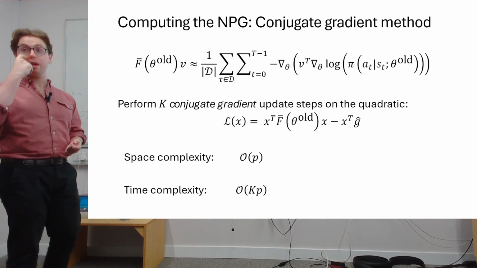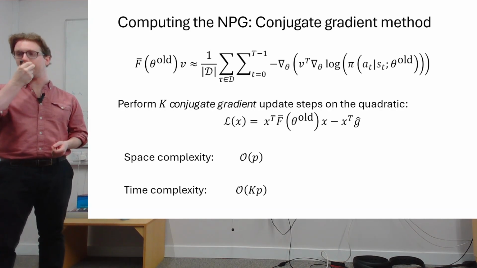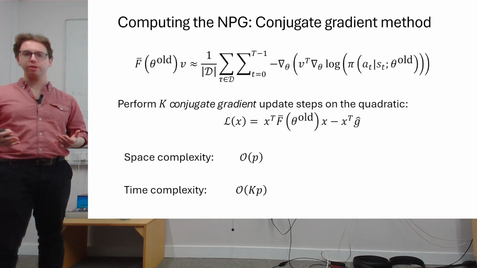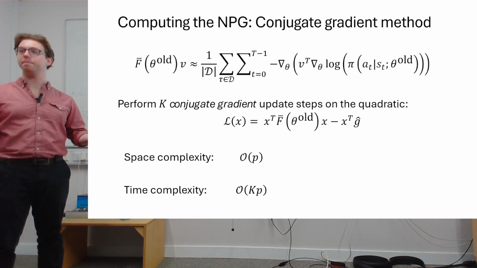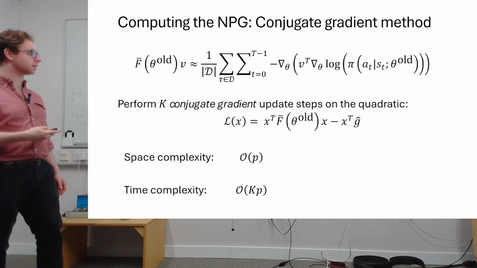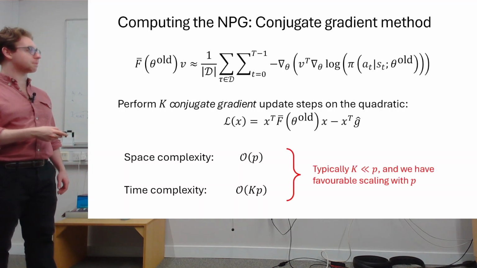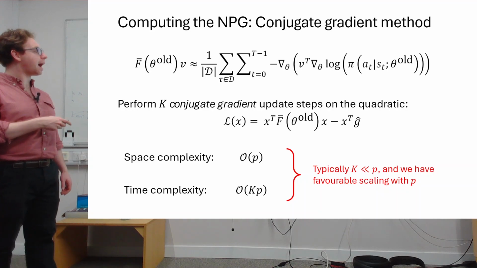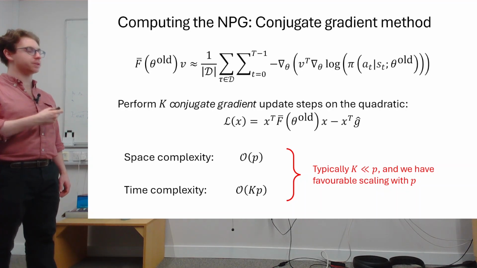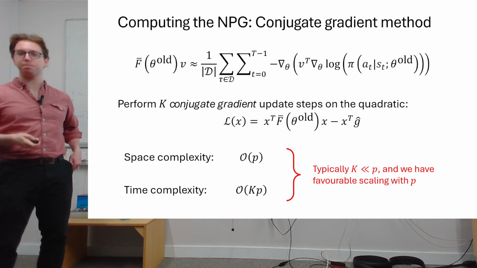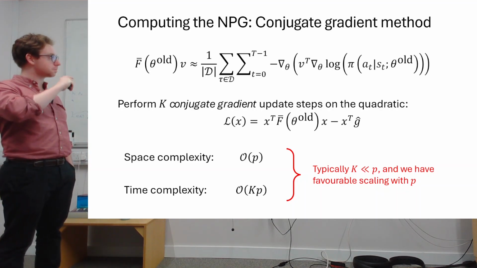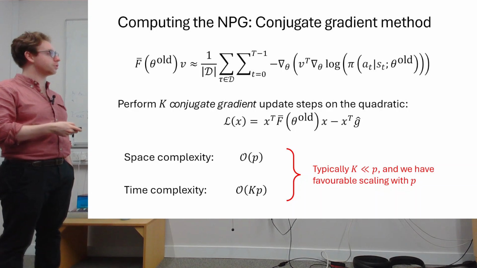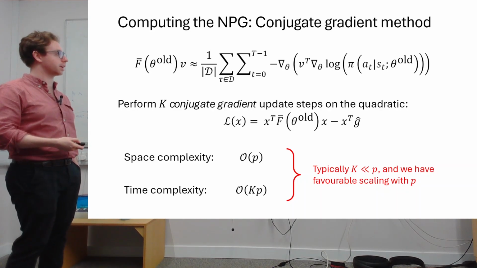So your p would realistically be at least hundreds, maybe thousands, and K might be something like 20, so a very small number compared to p. This gives very favorable scaling with p. It's much nicer and much better than the scaling with p that you get when you use the naive method.